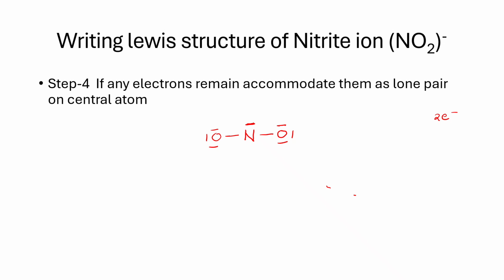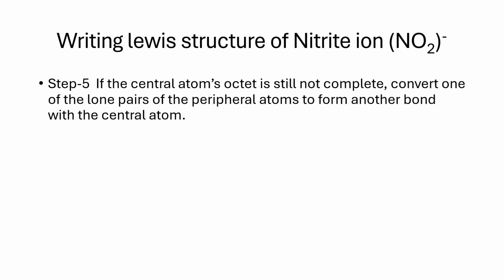But again, just like in the previous example, we can see that the octet of nitrogen is not complete. So you might be able to guess where this is going in the next slide. This is what we had in the previous slide.